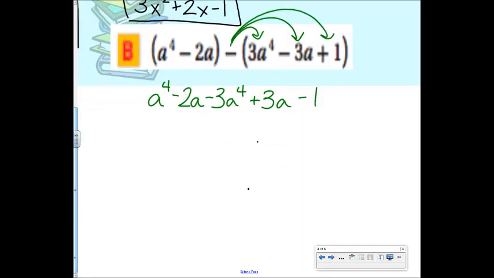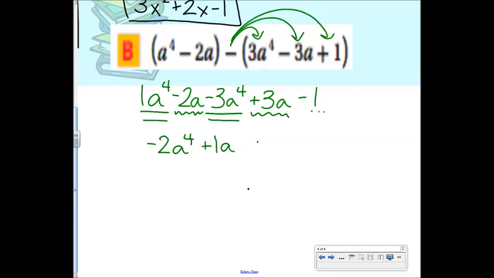Okay, so then what are my like terms here? What's like this one? Negative 3a is like that one. What's like this one? 3a. And then this one is alone. Okay, so put together your double lines. What does that give you? This is a 1. What's 1 minus 3? Negative 2a to the 4th. All right, what would this give us? Plus 1a or just a. And then minus 1.